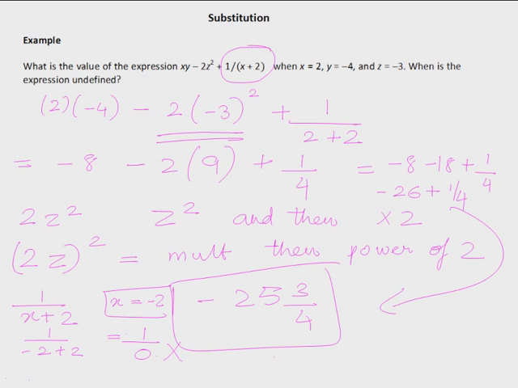I cannot evaluate. So the complete form of this expression is that x, y, z are variables, but x must not be allowed to be minus 2. So that's what we mean by when is the expression undefined. It is those values of the variables which are not permitted because they lead to an undefined operation. In this case, x equal to minus 2 led to us dividing by 0, which isn't permitted.